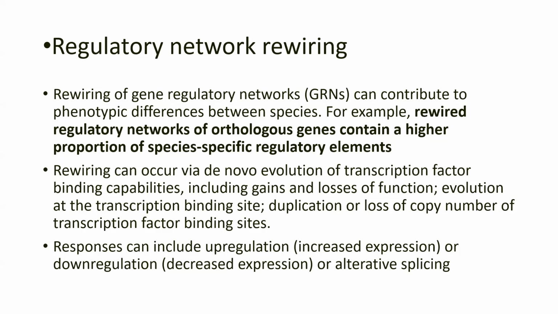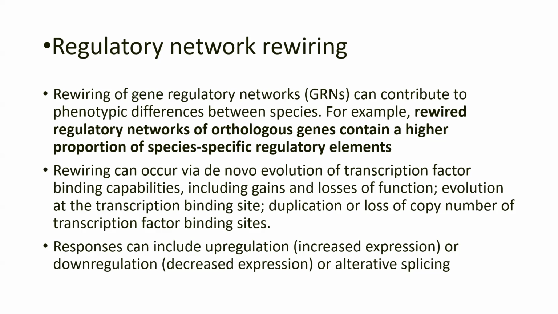So that is the extent of the complexity of regulatory network rewiring. It's all about the transcription factor binding sites, whether they're present, their number, what their sequence is, what they respond to. But then it's also about the signaling molecules themselves, their shape.